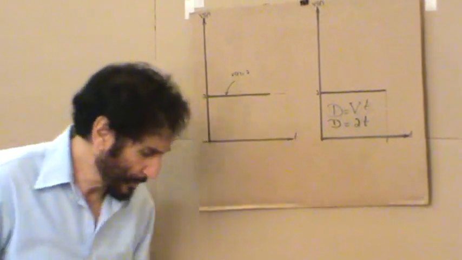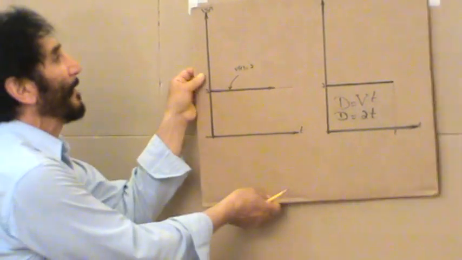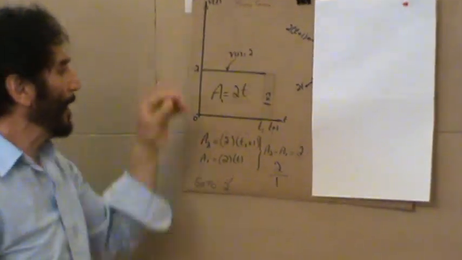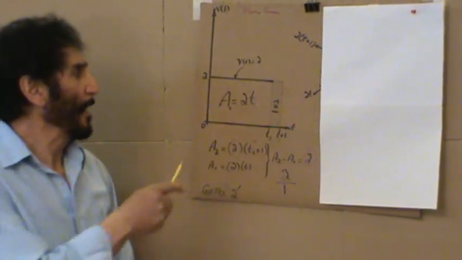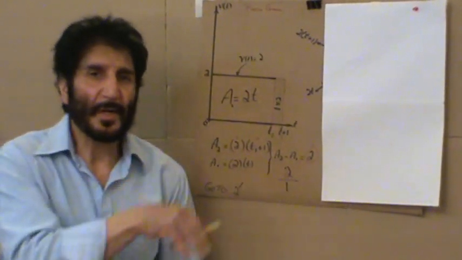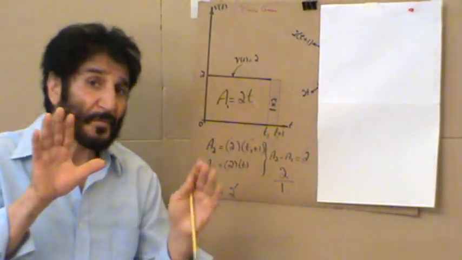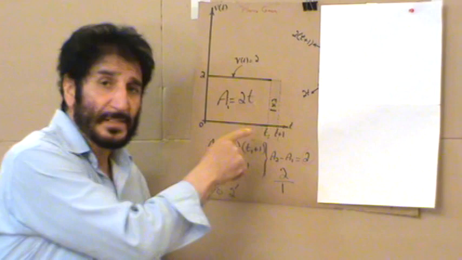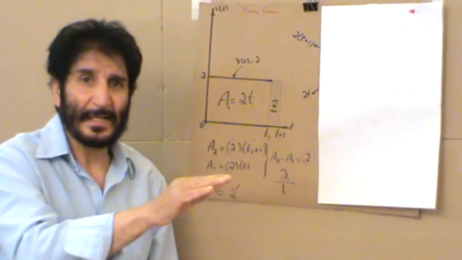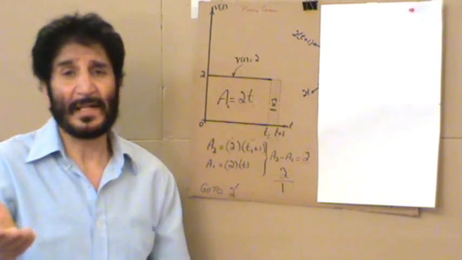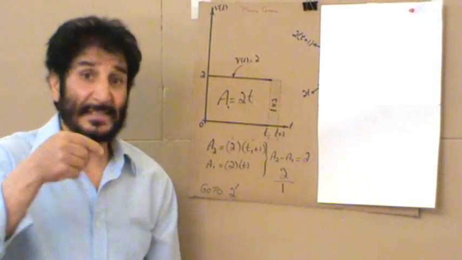Okay, now let's go to the next handout. Now here, again, same thing, the area under my curve is 2 times t. Now I'm fixing t. T is fixed, then I go to 1 second later, which is t plus 1, and see how much the distance has increased.